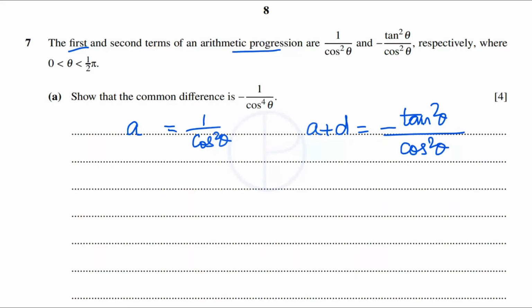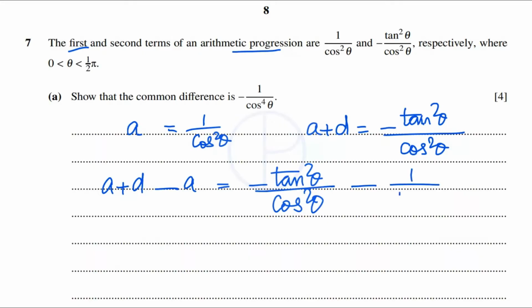And we know the difference between the second term and the first term is the common difference d. So a plus d, the second term, minus the first term, which is equal to minus tan square theta divided by cos square theta minus the first term, 1 over cos square theta.